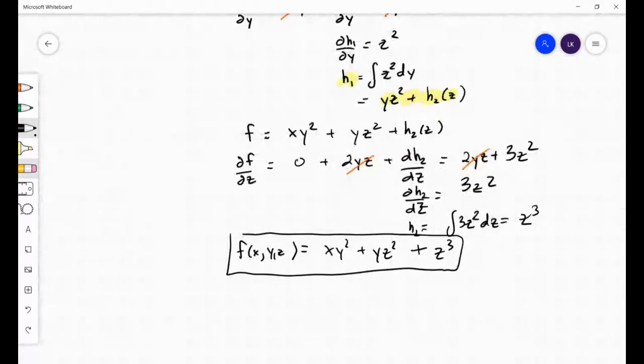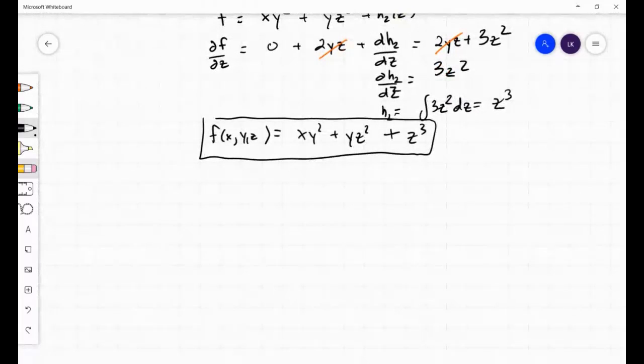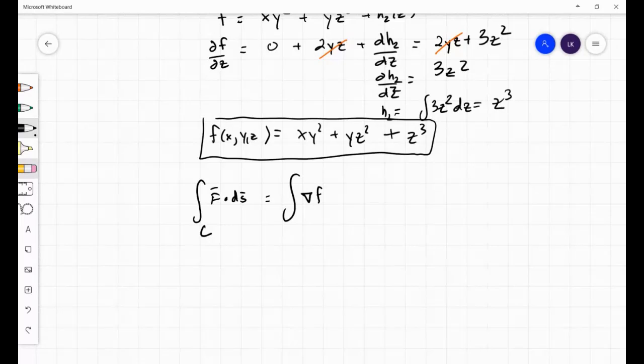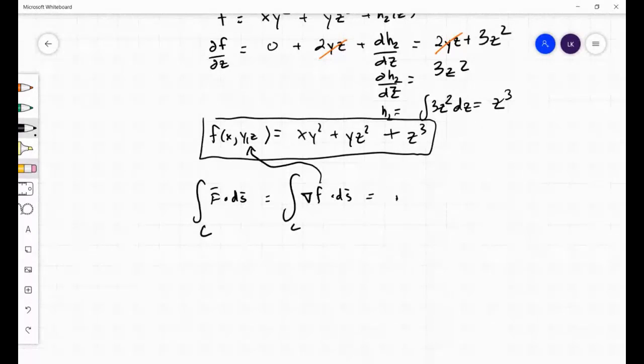So that's a lot of work. But then that work integral of our vector field turned out to be the gradient of the scalar field here. By the fundamental theorem of calculus for line integrals, it's just the terminal point minus the starting point: our potential evaluated at the terminal point minus the potential function evaluated at the starting point.